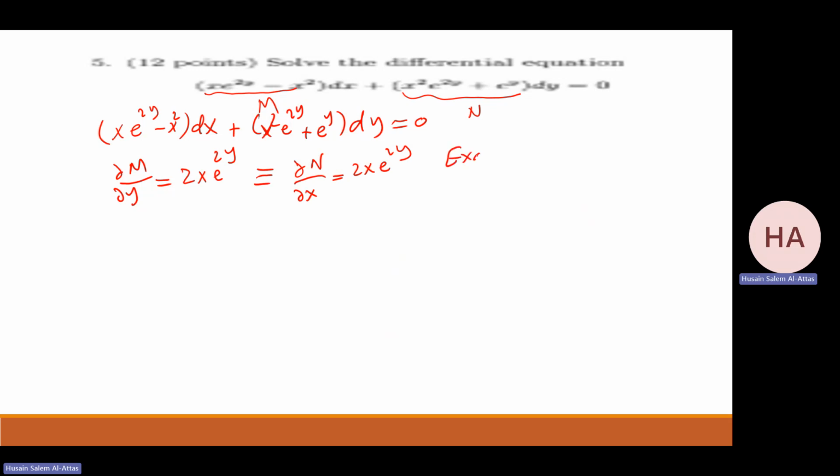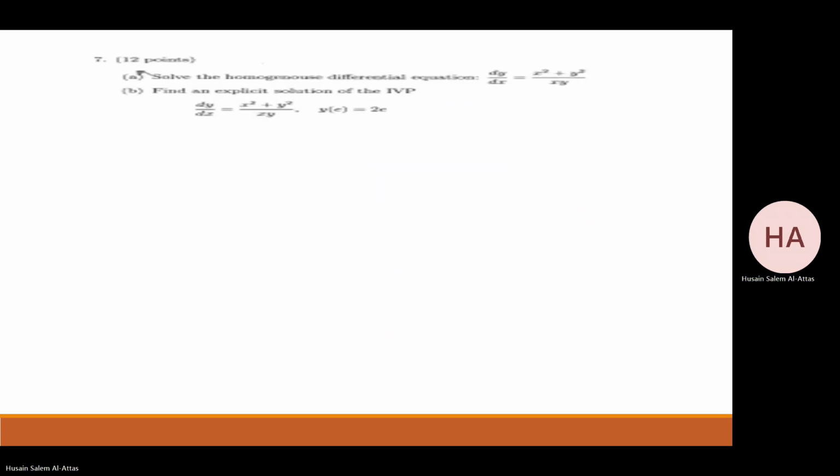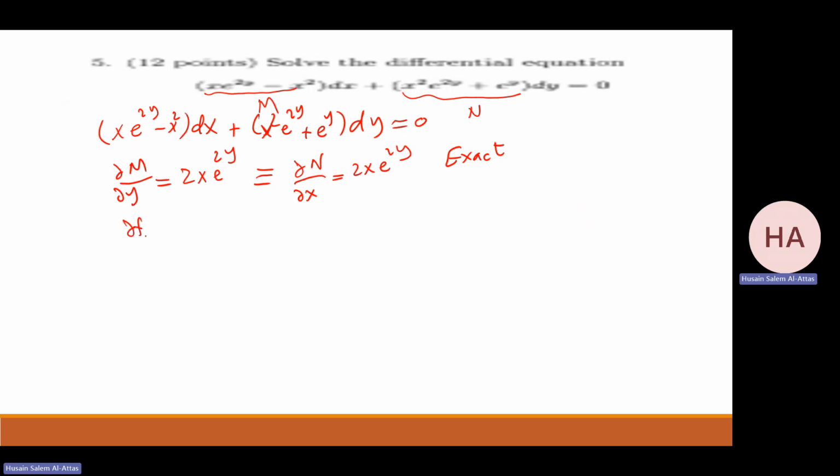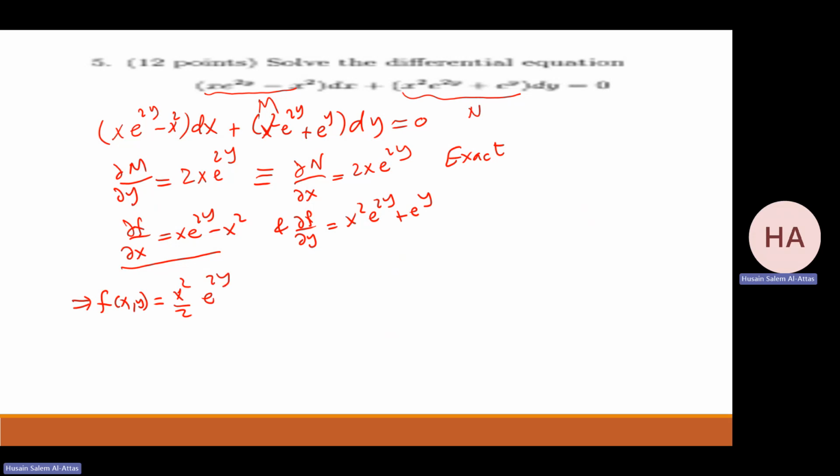So they are the same. So it's exact. So now I have partial f with partial x is this, and partial f with partial y is the other one. I'll start with one of them. So I have f of x and y, integral of this, which is x squared e^y minus x cubed over 3, plus function of y.